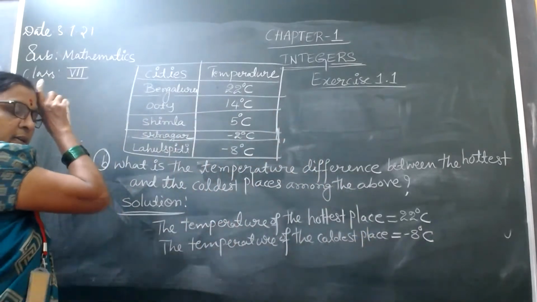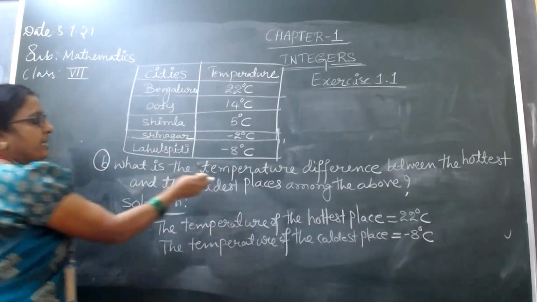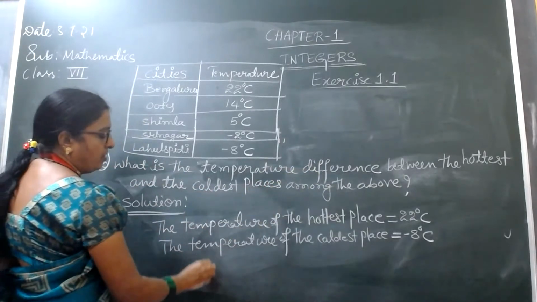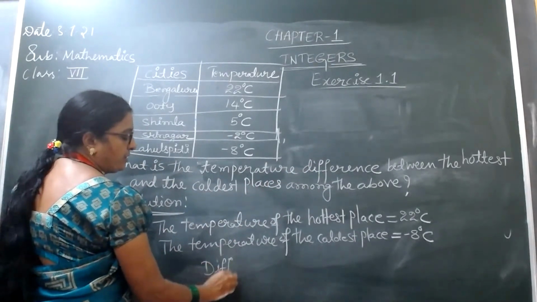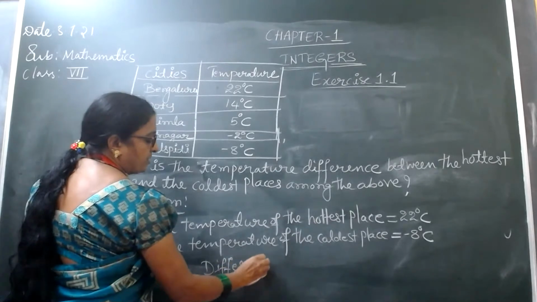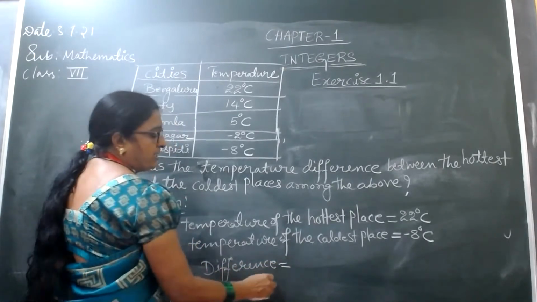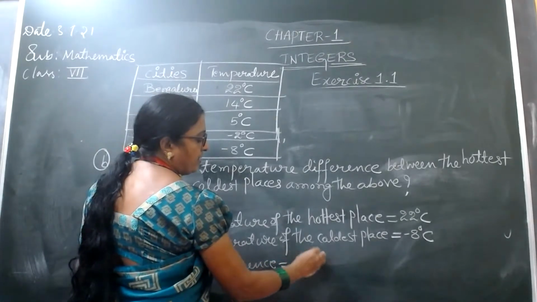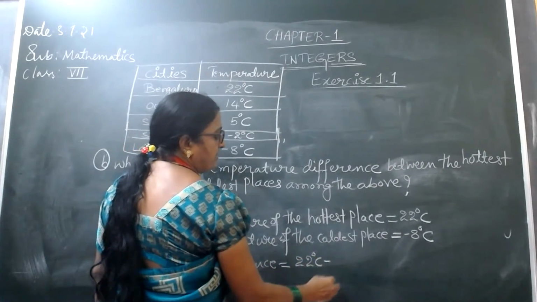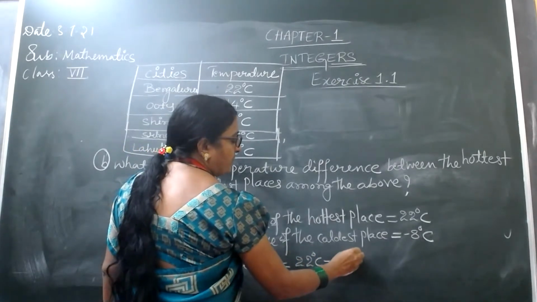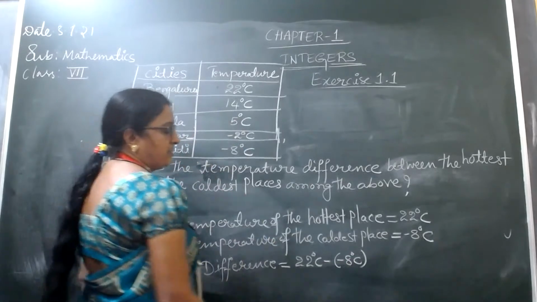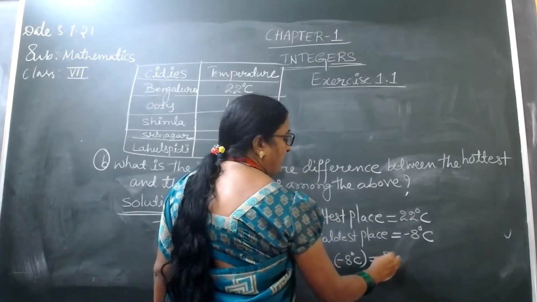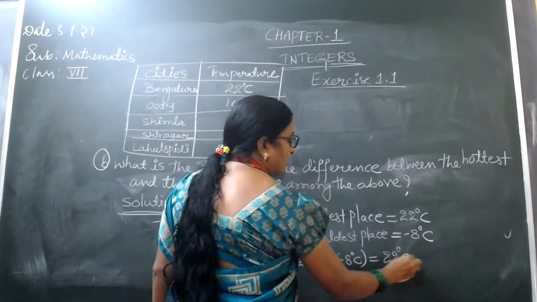They say to find the difference. So you write down, difference means you should subtract. Hottest place is 22 degrees Celsius minus coldest place is minus 8 degrees Celsius.